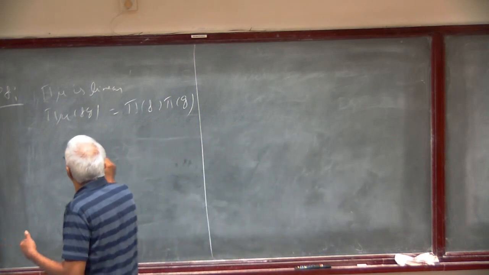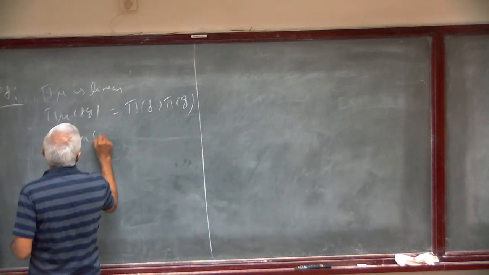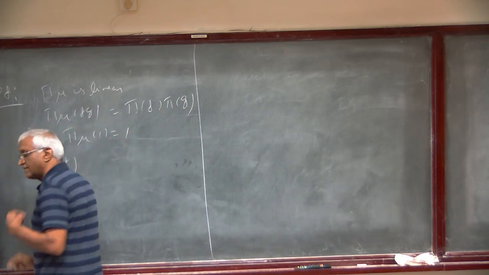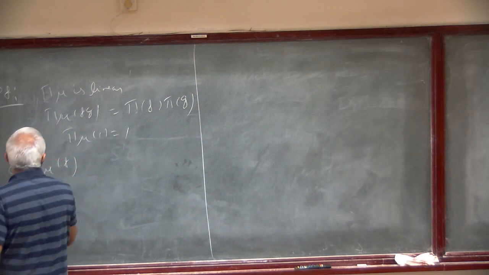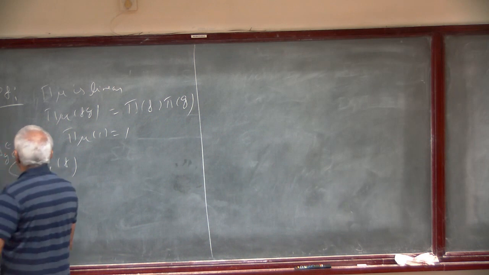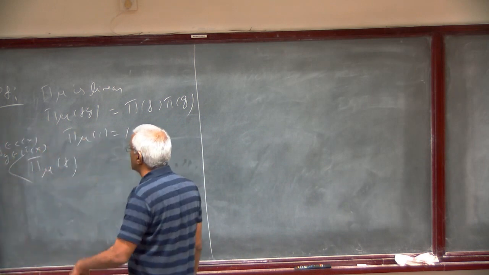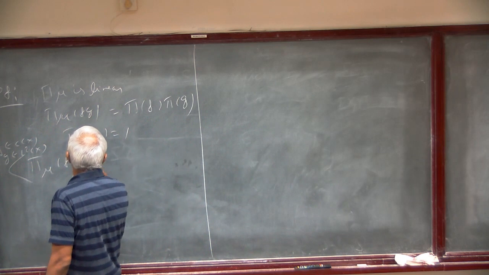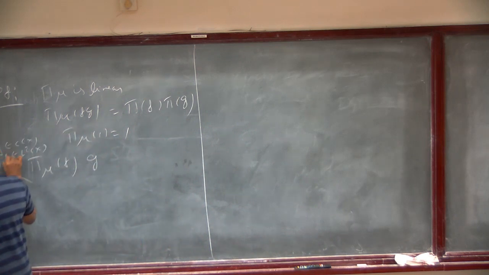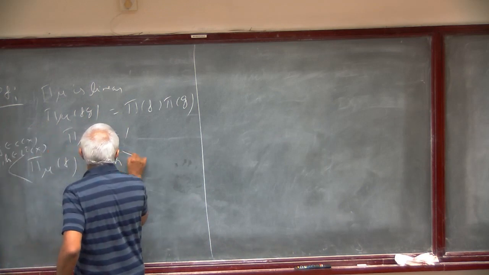And it's unital, so 1 is 1. And for π_μ(f), I want to verify the star property. Take f in C(X) and g, h in L².